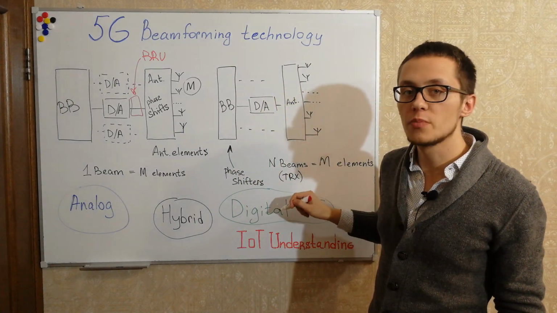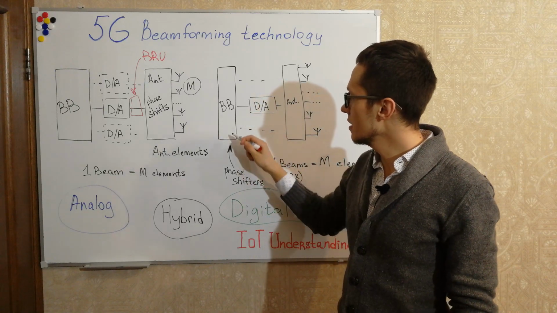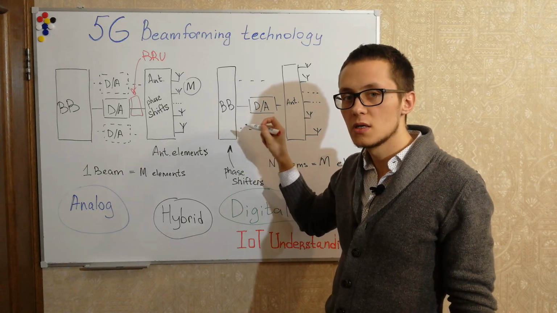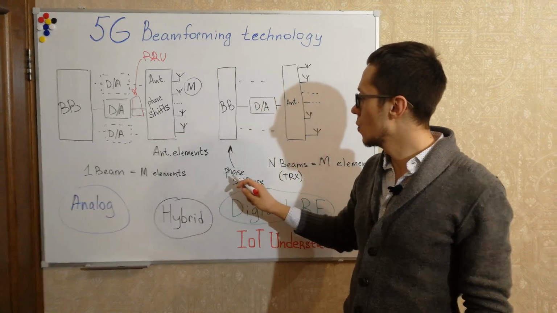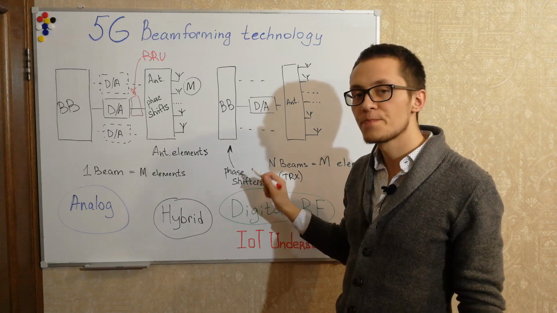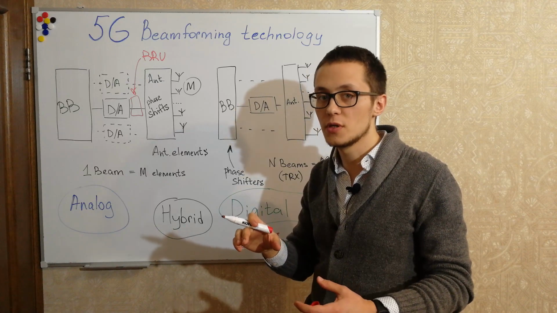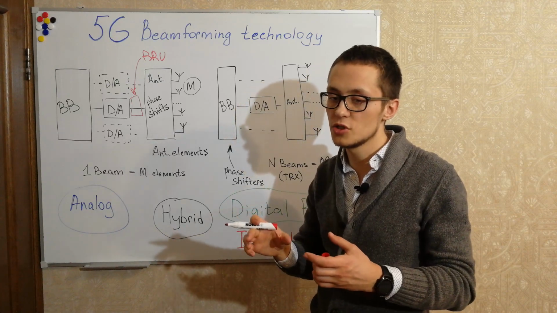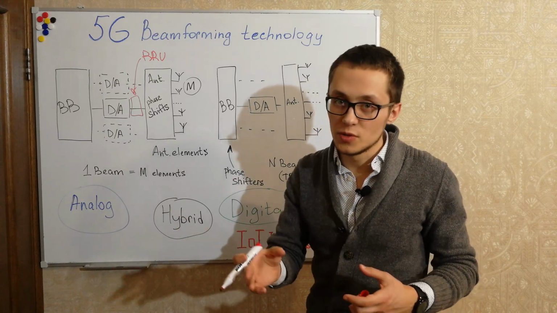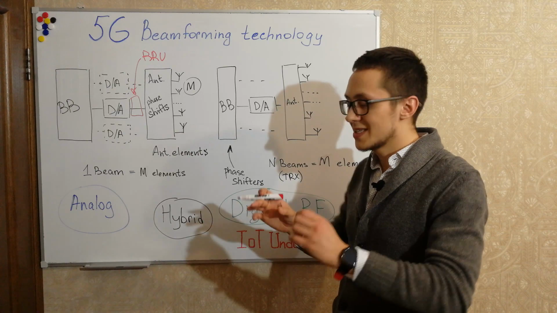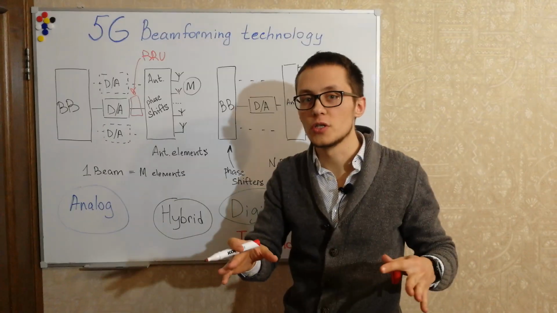When it comes to digital beamforming, we have baseband processing. Inside baseband, in a digital form of signals, we can change phase, and we can even change amplitude and somehow change subcarriers in terms of amplitude, in order to suppress the side lobes in the diagram of such an antenna.